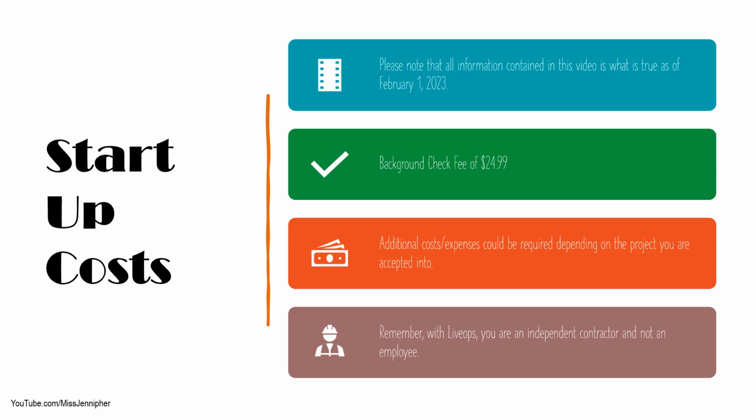And before we go forward, please remember that with Liveops, you are an independent contractor and not an employee. I say that to say, be mindful, nothing is paid for. You are fronting the cost for everything. The only time you will get paid is for the actual service provided. You will not be getting paid for anything else, and you will not get reimbursed for anything.